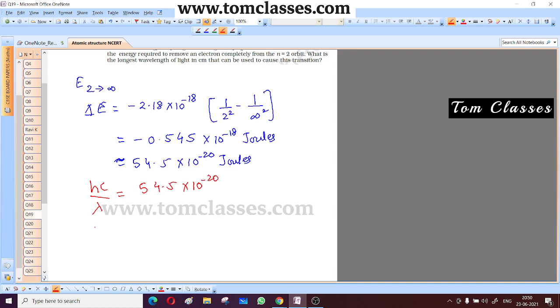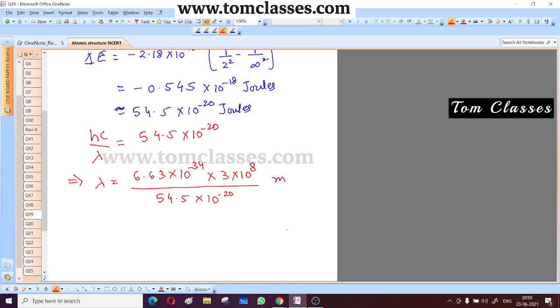So lambda is 6.63 into 10 to power minus 34 multiplied with 3 into 10 to power 8, divided by 54.5 into 10 to power minus 20, in meter. That will be the answer. Is that okay? So what will be this answer?